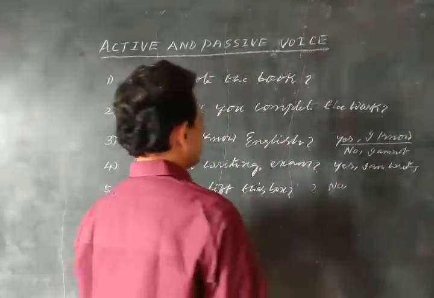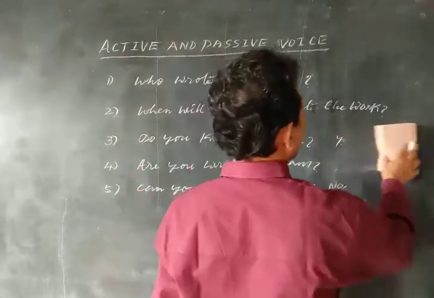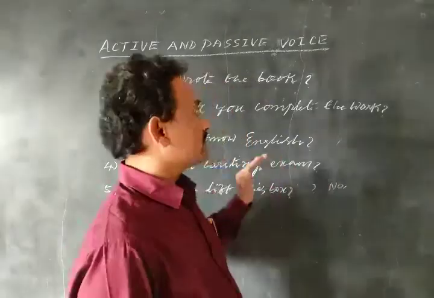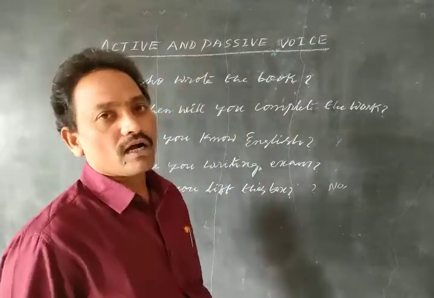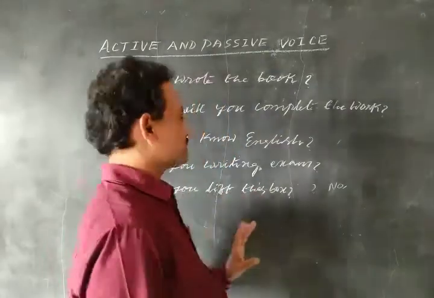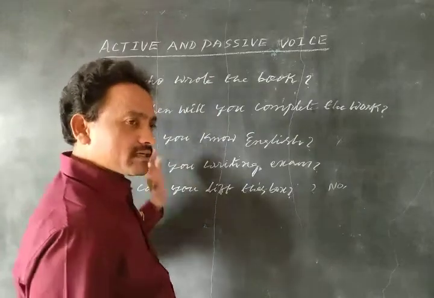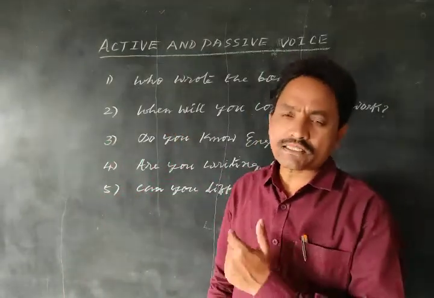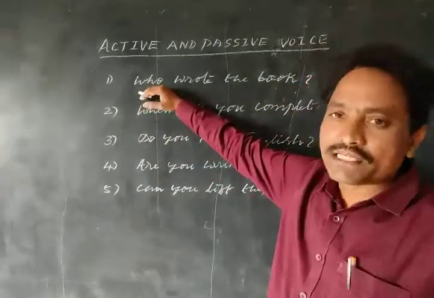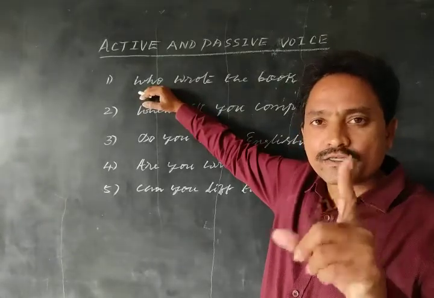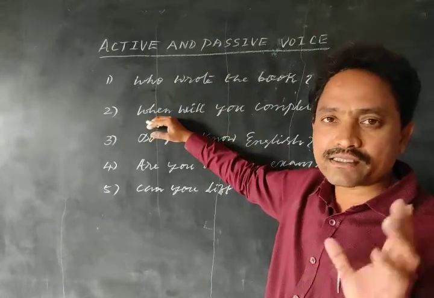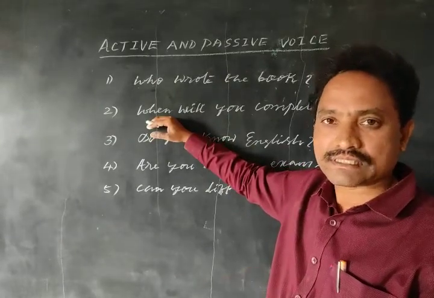Here I am trying to say the difference between WH questions and yes or no questions. But we are discussing the topic active and passive voice: how to change all these types of questions from active voice into passive voice. In WH questions, there are again two categories. Only the question beginning with who is one separate part, and all the remaining, when, which, why, where, are the second type.